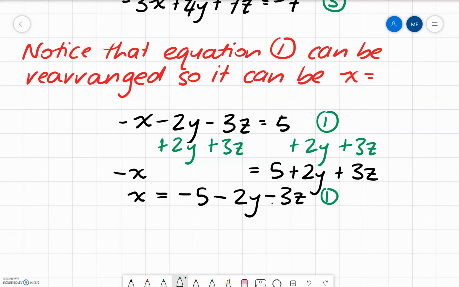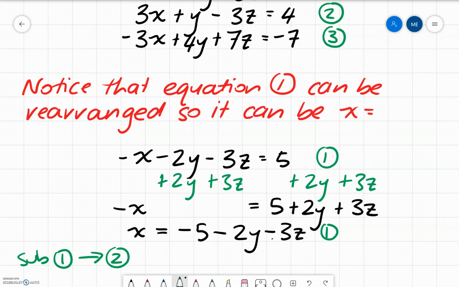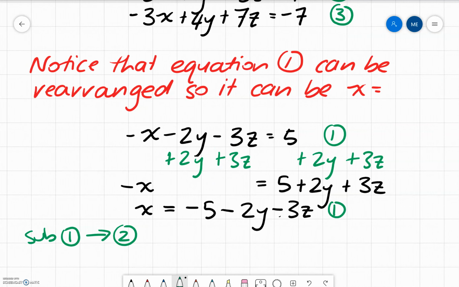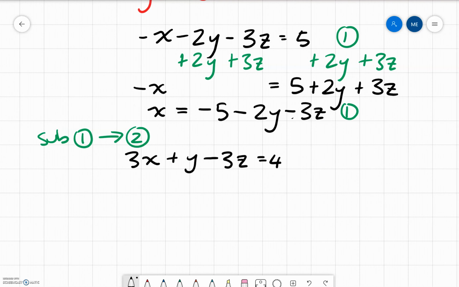So what I'm going to do is substitute equation 1 into equation 2. So equation 2 up here, 3x plus y minus 3z equals 4. So we will copy that down. So 3x plus y minus 3z equals 4. And instead of the x, I'm chucking in the value negative 5 minus 2y minus 3z.